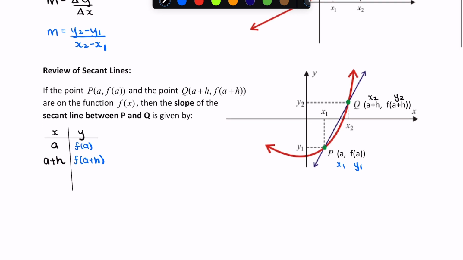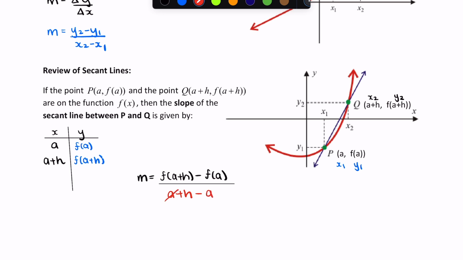And so if we understood that, again, slope is equal to y2 minus y1 over x2 minus x1, we can rewrite it as m is equal to the function of a plus h minus the function of a over a plus h minus a.